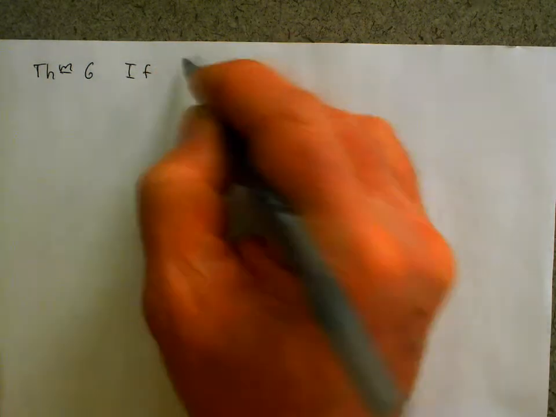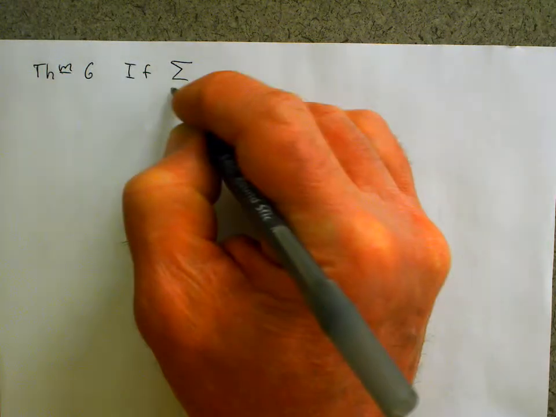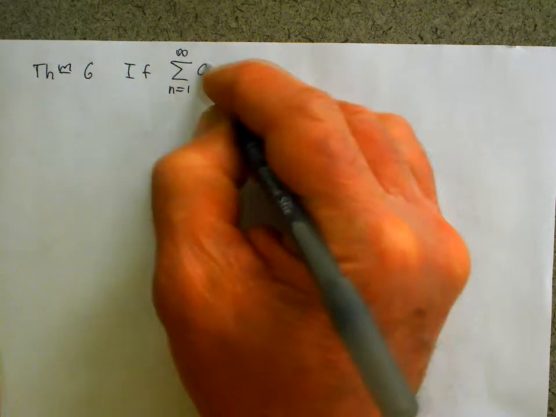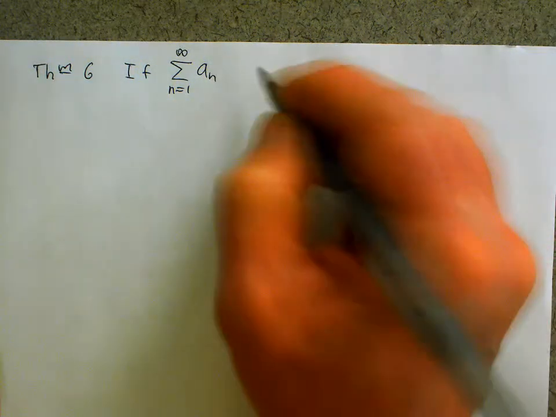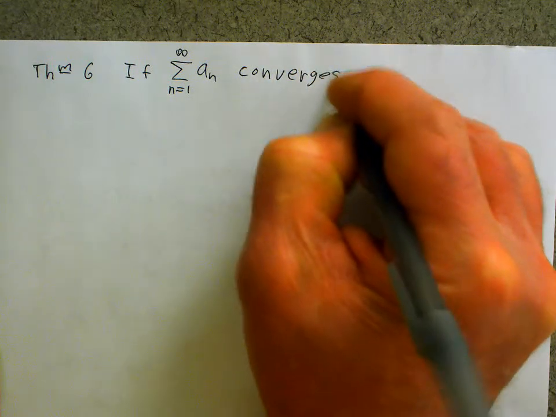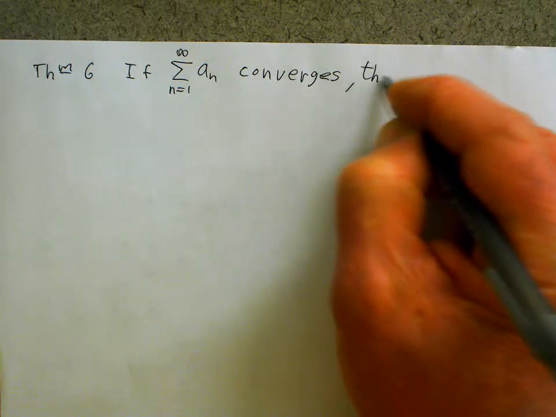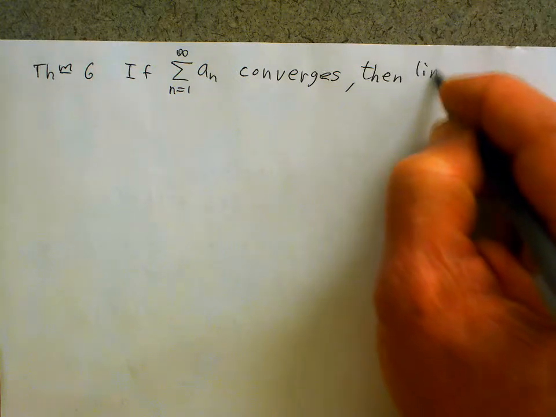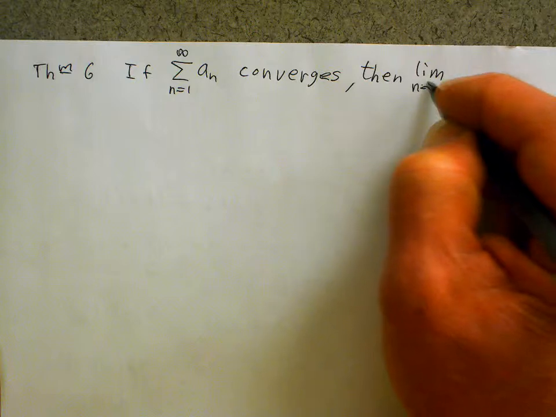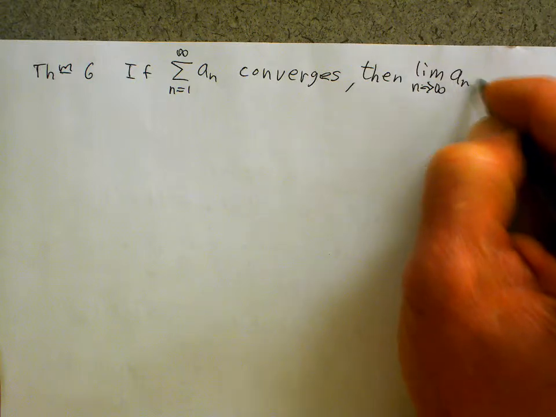Okay, so this says if the series as n ranges from 1 to infinity of a sub n converges, then the limit of the sequence of the a sub n terms goes to 0.